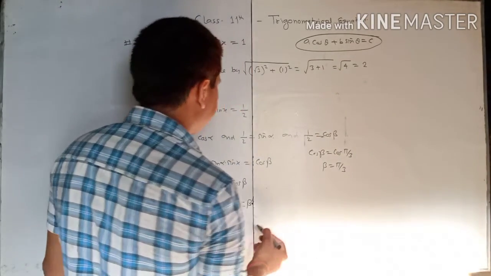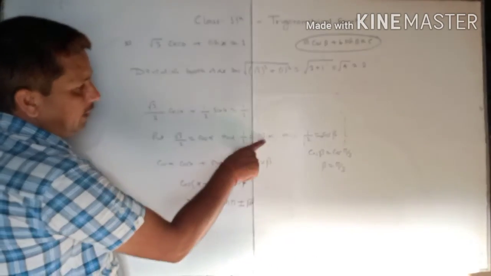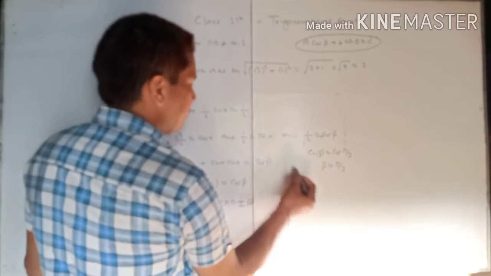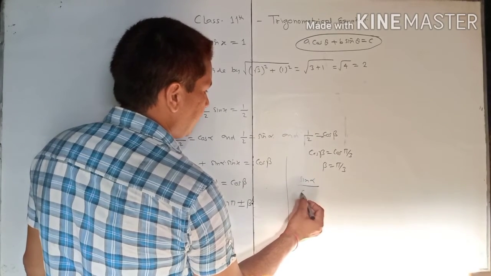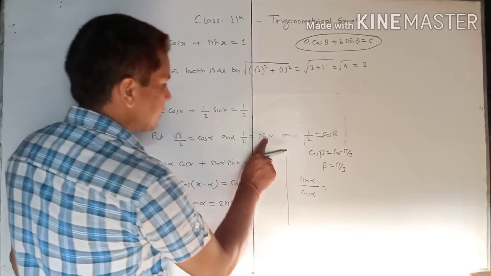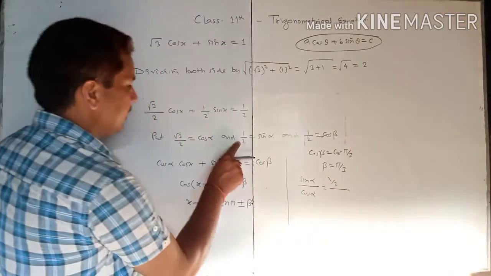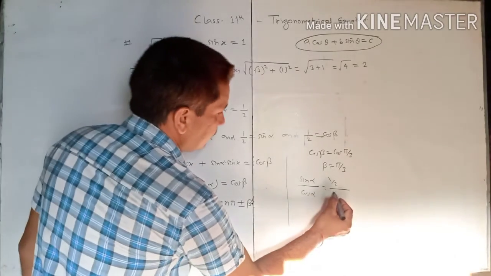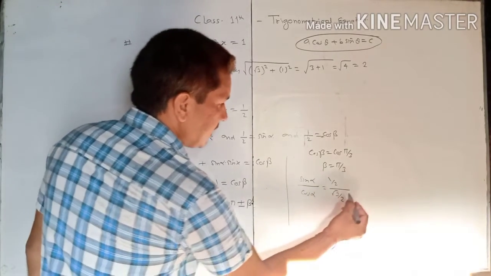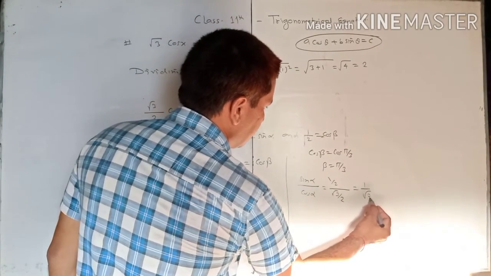And here alpha. How to find alpha? So sin alpha divided by cos alpha means 1 by 2 divided by root 3 by 2. So 2 cancels, 1 by root 3.